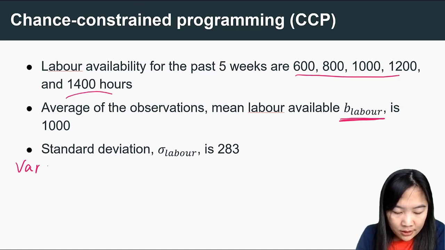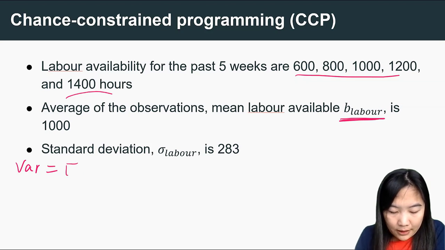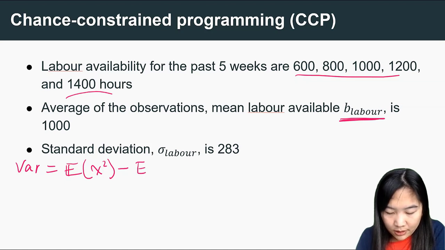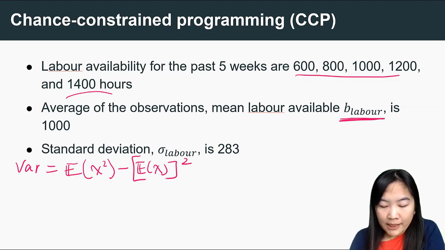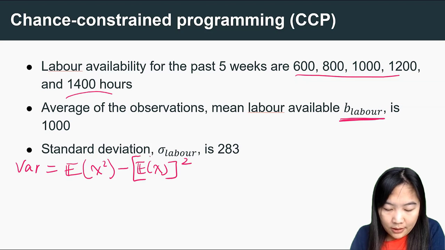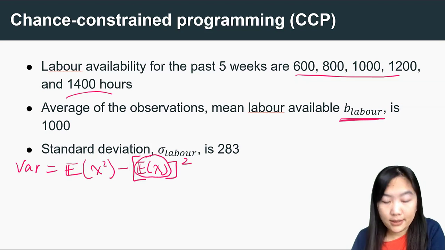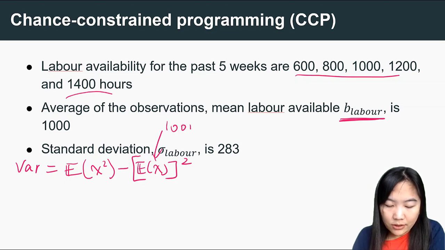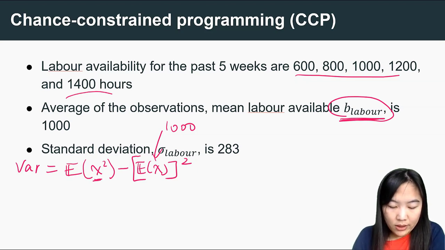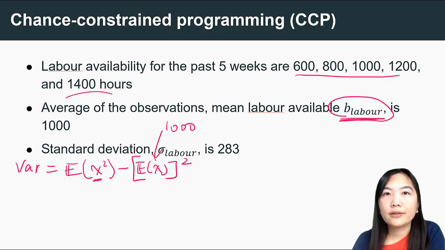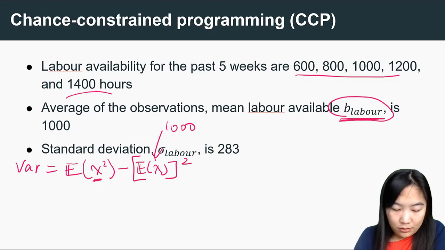So the variance, if you still remember, is the expectation of x squared minus the expectation of x, and then take a square of that whole expectation. And this E of x, what's inside that bracket, we have just calculated. That's 1,000, the B labor there.